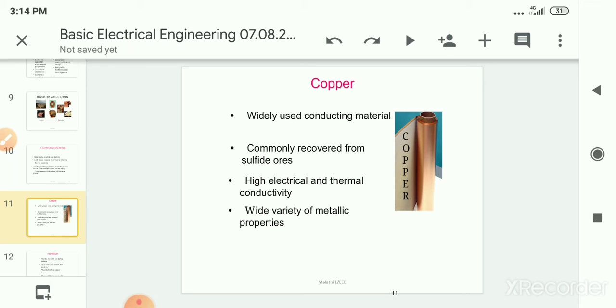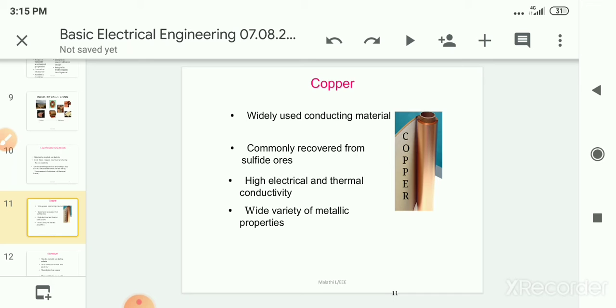Due to its physical, chemical and electrical properties, it is available in two forms. Because of that, we already talked about heat treatment. What are the types of heat treatment we use? Annealing and hardening.